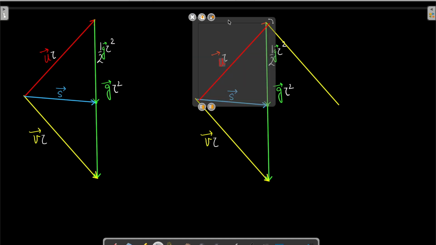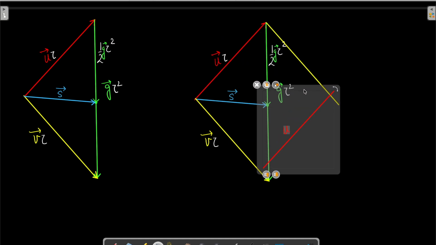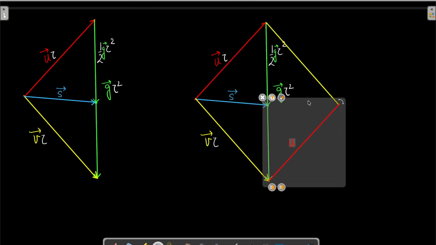We'll select this vector. We'll copy it first. We'll move it here.